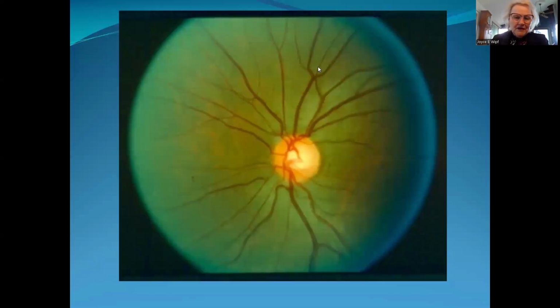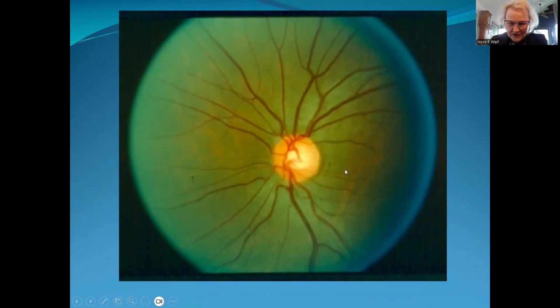This is using the green filter, and you see how prominent the vessels are. I'm going to go through normal in just a moment, but here you see the disc. And the whitish center circle is the physiologic cup. The vessels come off slightly to the nasal side of the disc, that's normal.